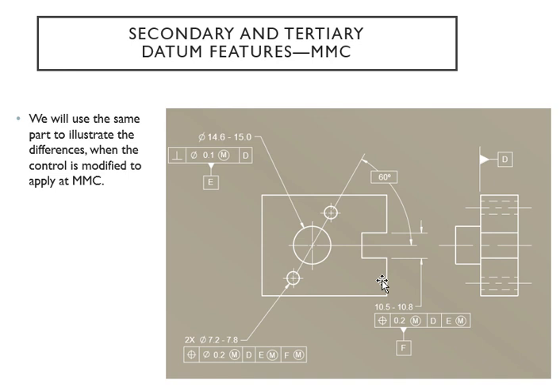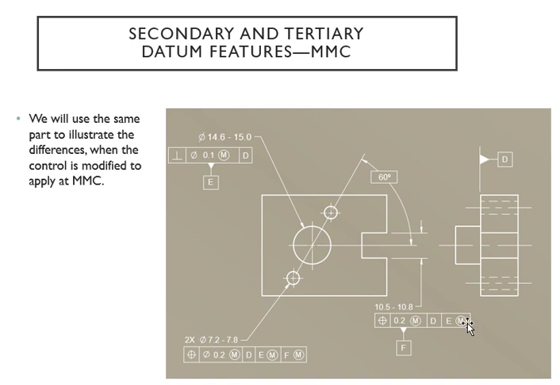And here we will look at the maximum material condition. Your control, of course, usually you see this with the datum D. And that's going to be here with the datum E, which is the axis of that. And here also your datum F, and that's also going to have your MMC.